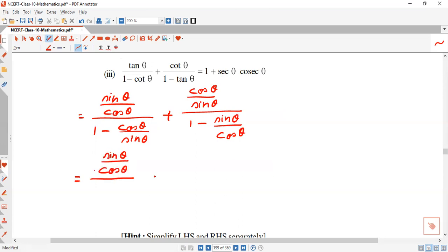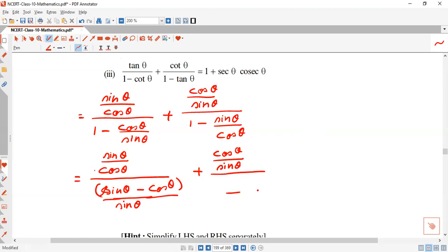In the denominator side, taking the LCM sine theta, we get sine theta minus cos theta, this is the whole term. Plus cos theta upon sine theta, again taking the LCM cos theta, it will come out cos theta minus sine theta. Now we simplify this one.